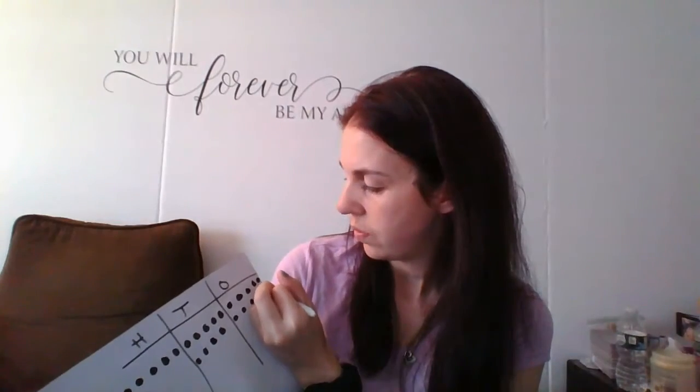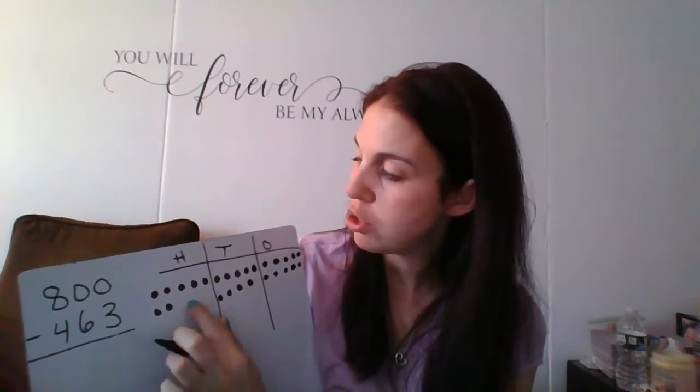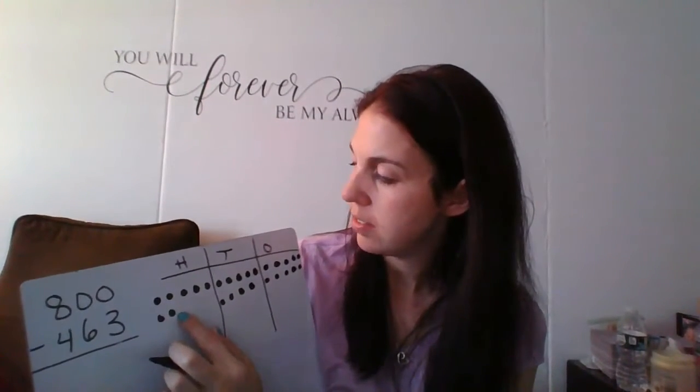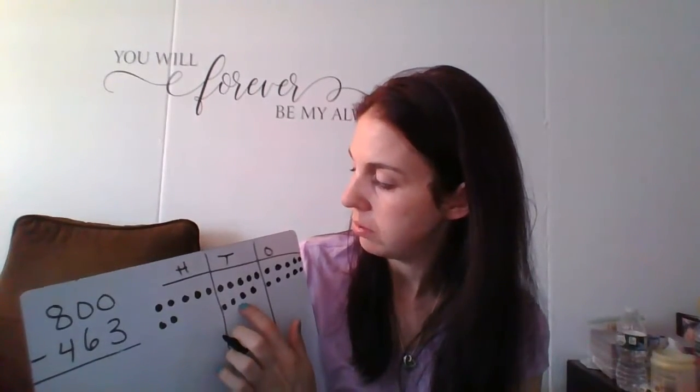So what we did was instead of drawing 800s here, we drew 700s, and then 100 was put into this column. And then we brought 1 over. So we've got 10, 20, 30, 40, 50, 60, 70, 80, 90.